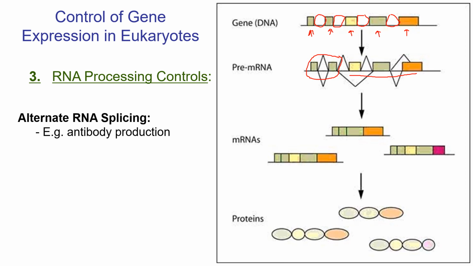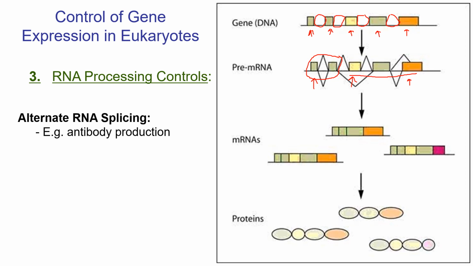In a different type of cell, maybe we're just going to use, I don't know, let's use this one and this one and this one down here. So basically, these coding regions serve as like Lego blocks that can be spliced together to give us a different messenger RNA that will code for a protein that's a little bit different.